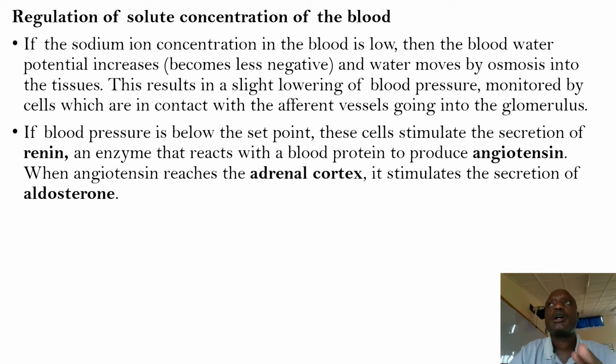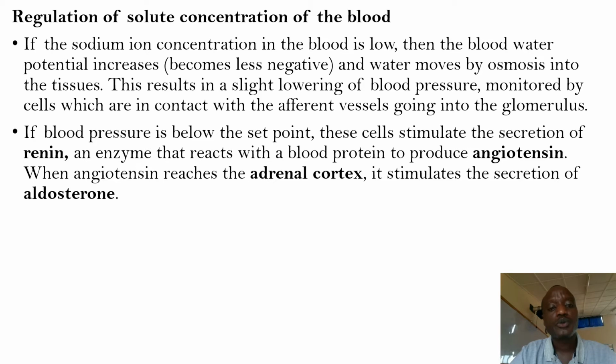So now you have heard that this is a kind of sequence. Number one, if the blood pressure goes below the set point, the osmoreceptor cells stimulate the secretion of renin, which is the enzyme that reacts with a blood protein to produce angiotensin. Now, what happens to angiotensin?